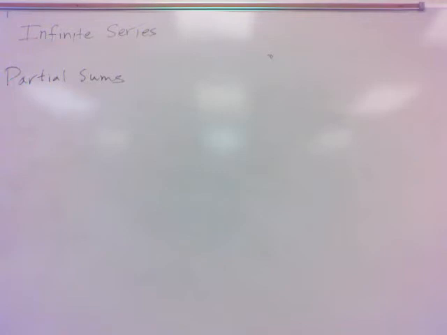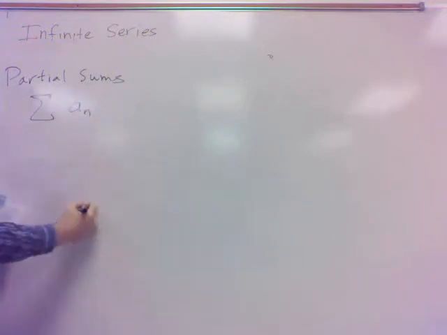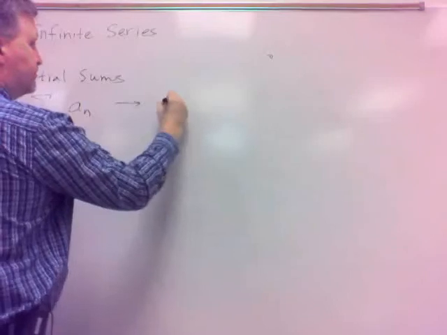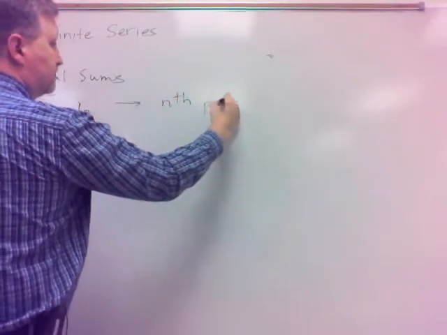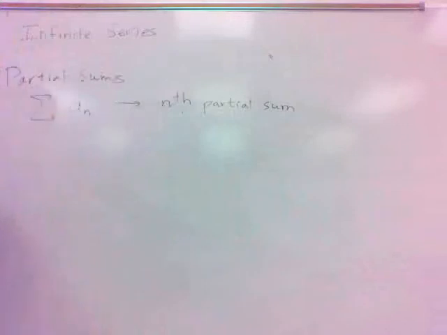Say I'm talking about the series a sub n, the nth partial sum is just like the name suggests. It's the sum of the terms up to the nth term.